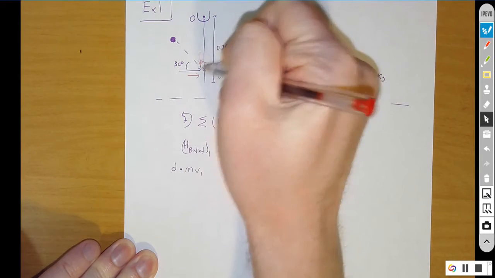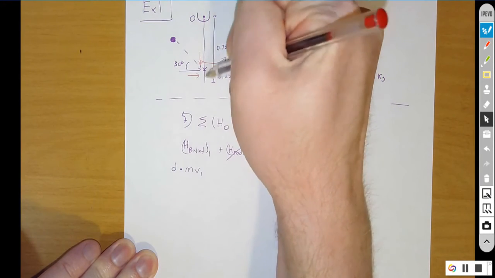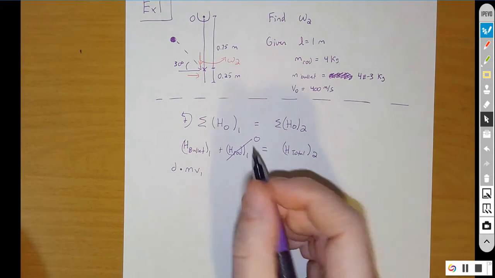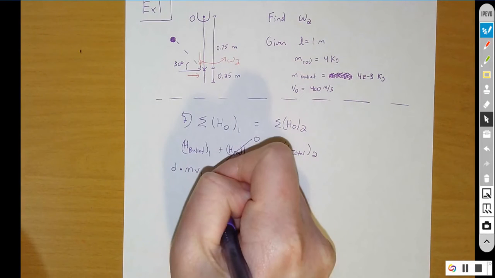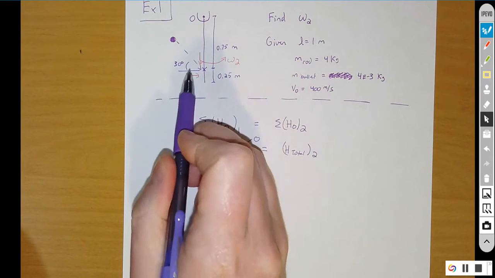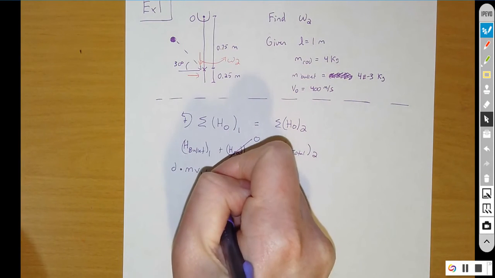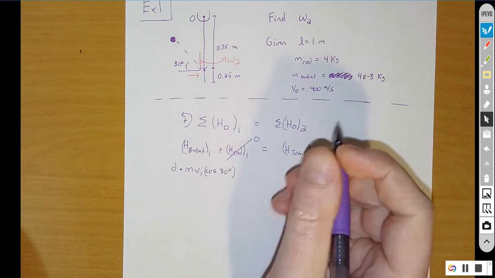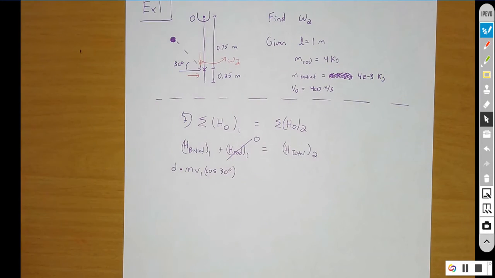This downward portion, if you think of it like moments, won't create a momentum about point O. So we also need to include the angle here. So that is cosine of 30 degrees.